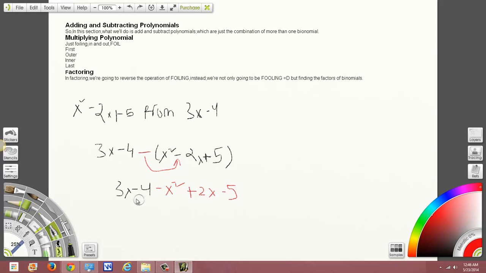So the like terms are negative 4 and minus 5. So let's add that up. So we have 3x, negative 4 minus 5 is negative 9. Let's find another like term. Positive 2x plus 3x.